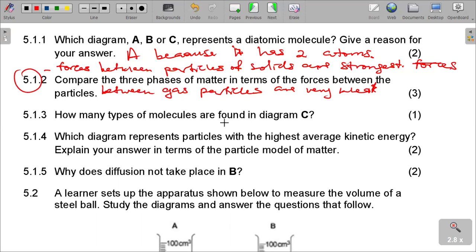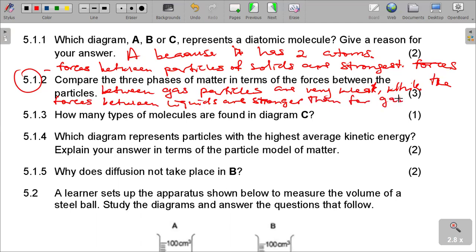While for liquids, the forces between the particles are stronger than for gases, but weaker than for solids.